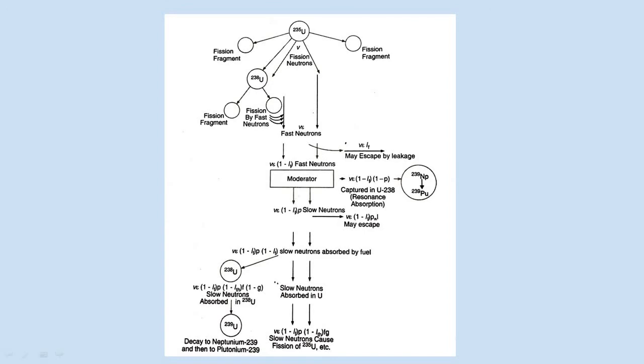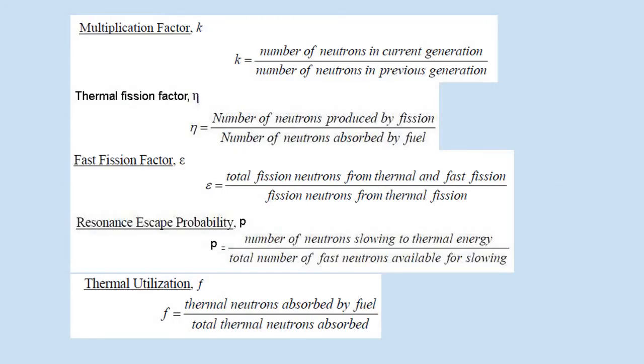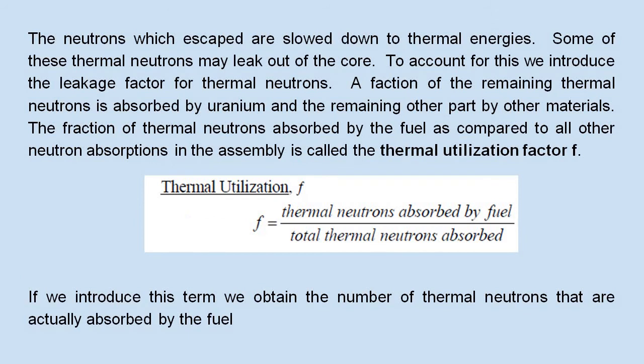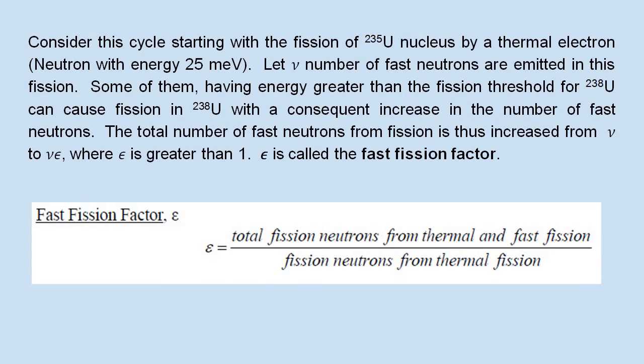So you will be getting a larger number of fast neutrons, and for this we have introduced this term, the fast fission factor epsilon.